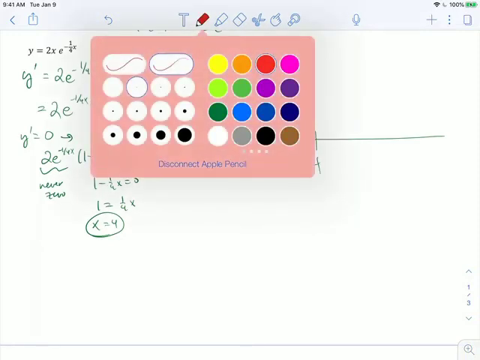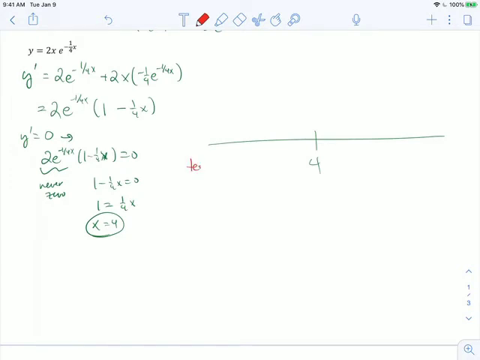So I'm going to find test points now. I'll do 3 over here, 5 over here. Then I'll find the sign of the derivative. So f prime of 3 is going to be 2e to the negative 3/4 times 1 minus 3/4.